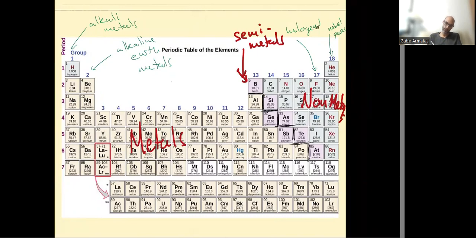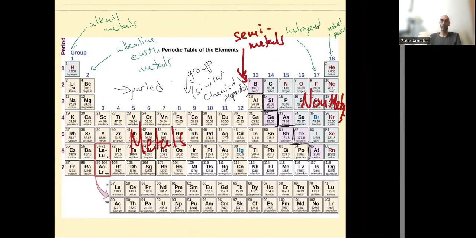Down a group, all of these columns are groups. They have the same, or similar, I should say, chemical properties. So down a group, similar chemical properties. Across, we call this a period. And the number is out front.